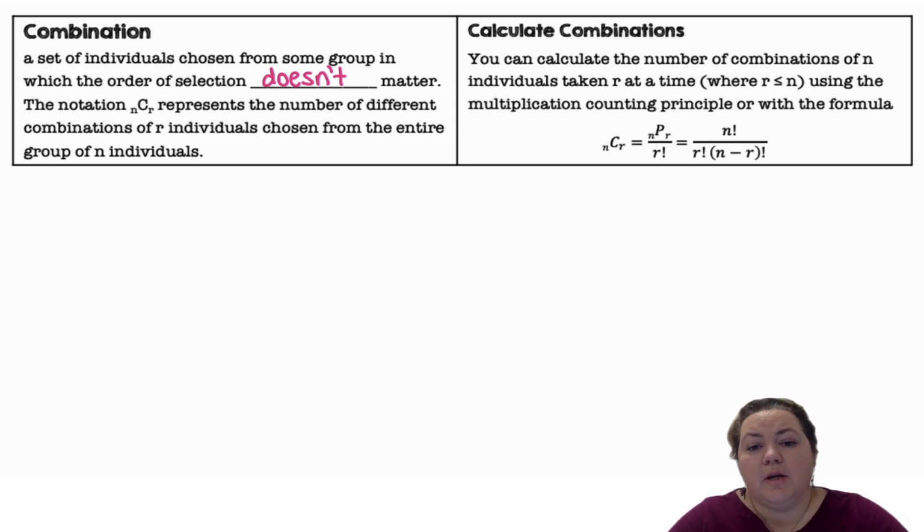When we're calculating combinations, you can calculate the number of combinations of n individuals taken r at a time, where r is less than or equal to n, using the multiplication counting principle, or with this formula. So nCr is equal to nPr over r factorial, which is n factorial over r factorial times n minus r factorial.